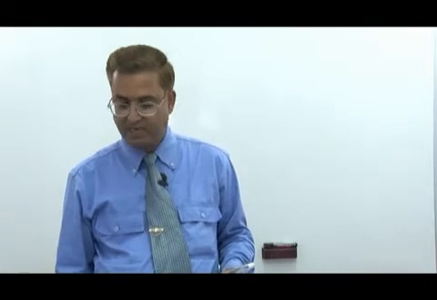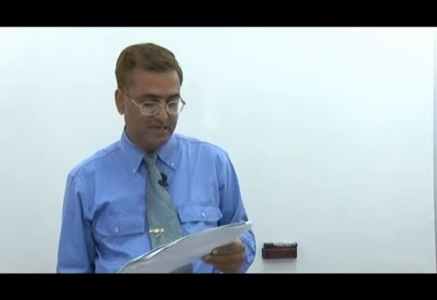So this identity basically, if you write it like this, a_i delta_ij, it will represent a_j.